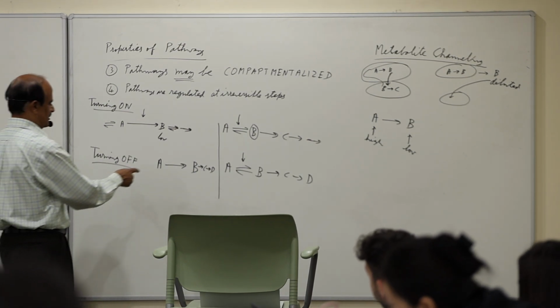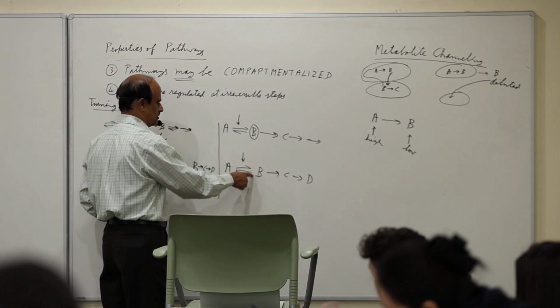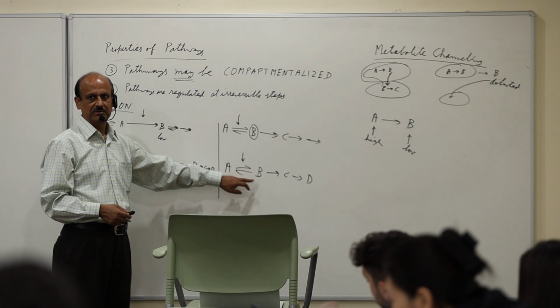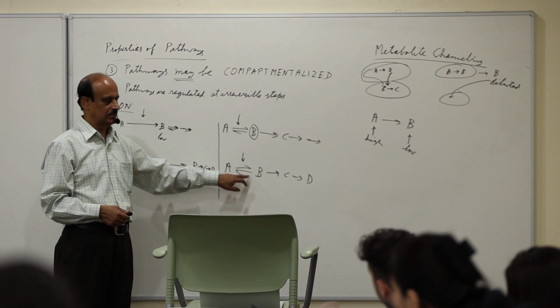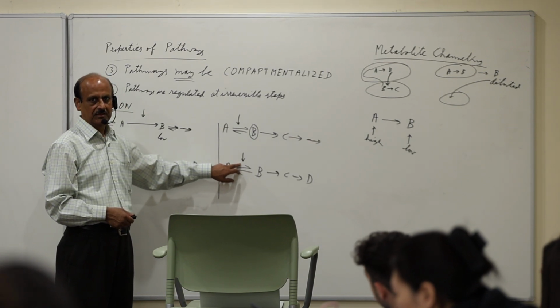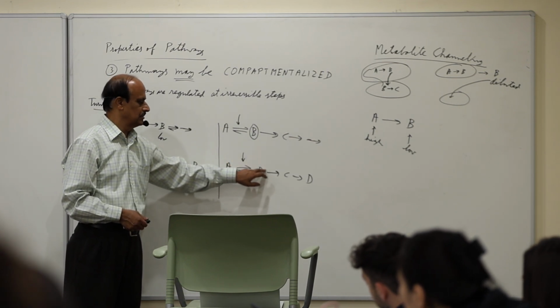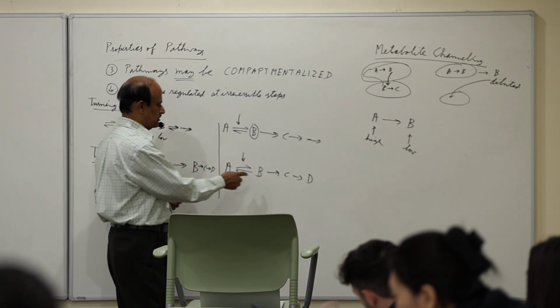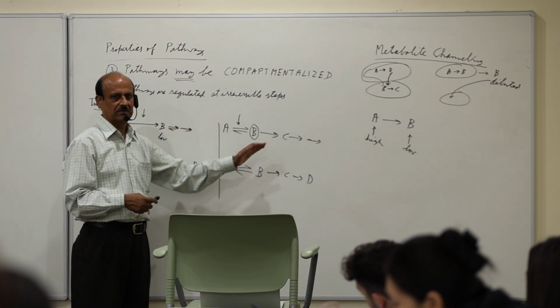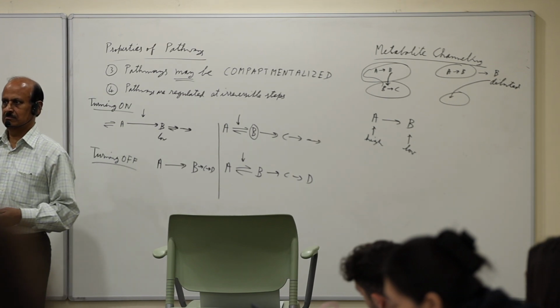But if you turn off this enzyme, there is always a large amount of B, because this is an equilibrium step. So B concentration is very high, similar to A. So if you turn off this enzyme, there will always be some B left, and all that has to get utilized and go all the way to the end for B to come down, and then the pathway stops.